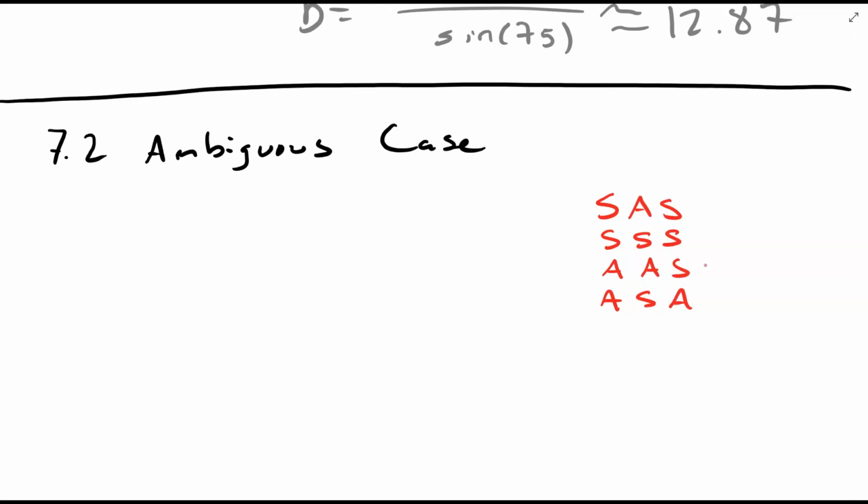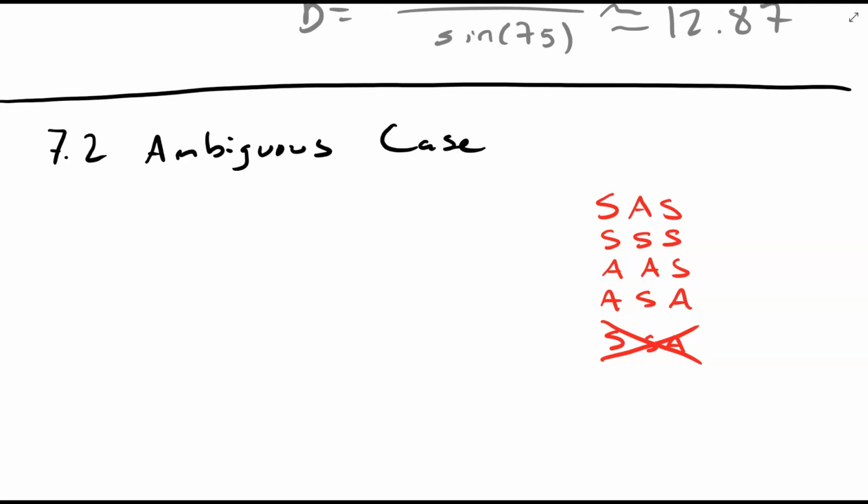Side, side, angle. Okay, so the last one, side, side, angle, is not a congruence theorem unless there's a special situation. So the side-side-angle only works as a congruence theorem if you have a right triangle.